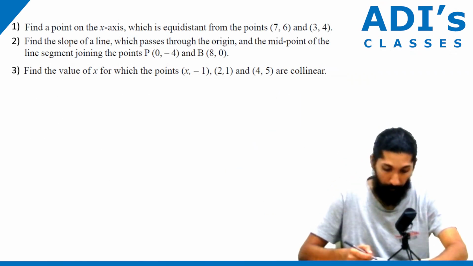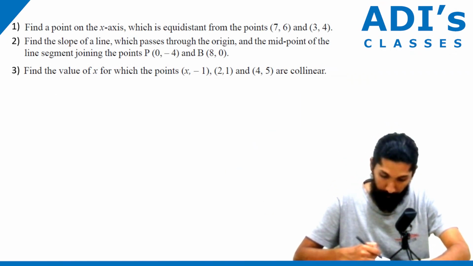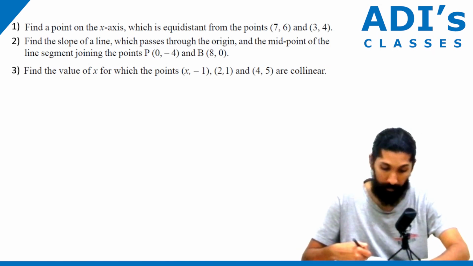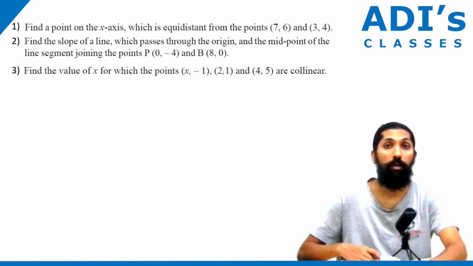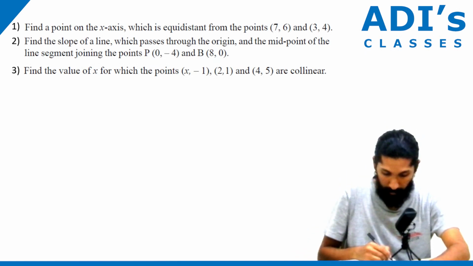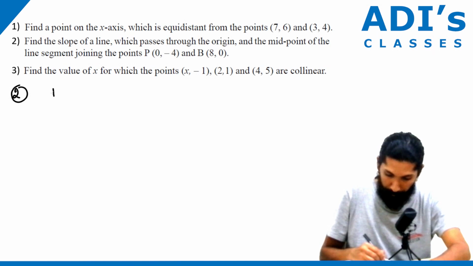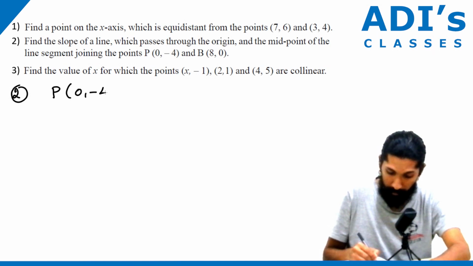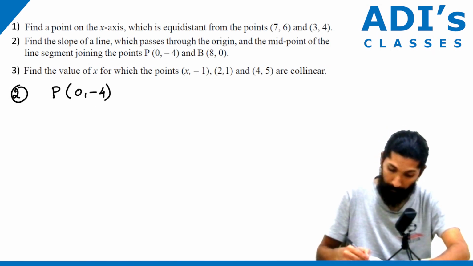See the second one. Find the slope of a line which passes through the origin and the midpoint of the line segment joining P and B. First, let's calculate the midpoint of P and B. Point P is given to be (0, minus 4). It's a point on the y-axis.